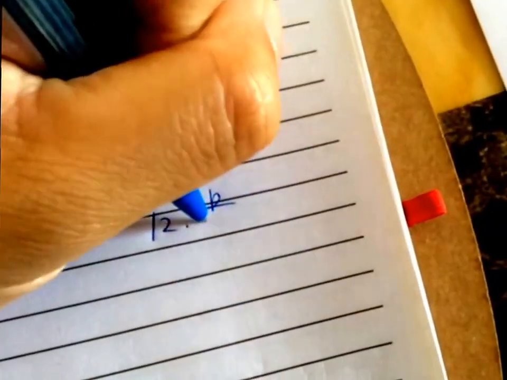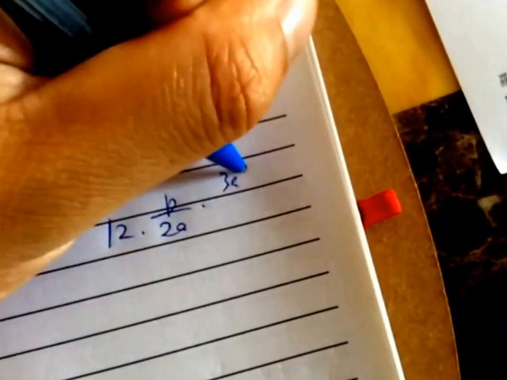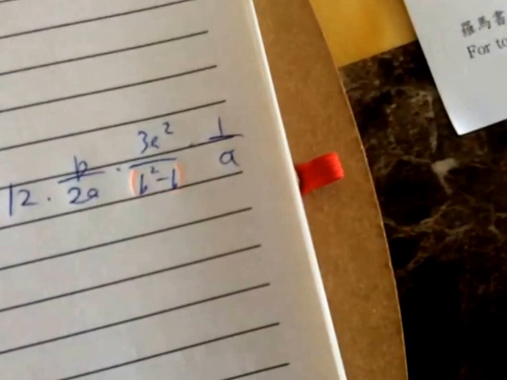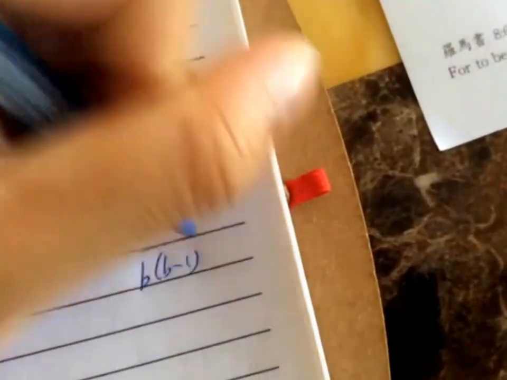And number 12, you need to simplify the fractions. All things are multiplied. So this is with two terms, you need to bracket it and need to factorize. And b plus 1.